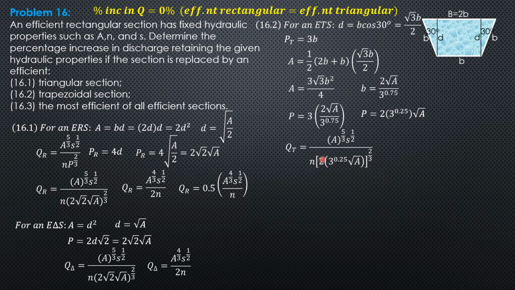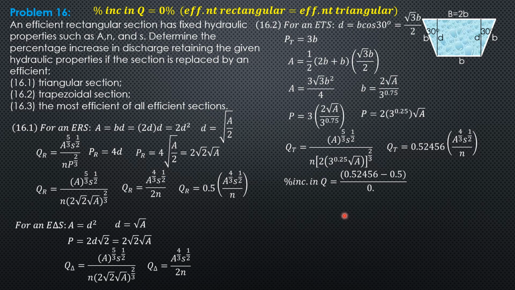So evaluating 1 over quantity 2 times 3 to the 0.25, raised to 2/3 in decimal, Q of an efficient trapezoidal section is 0.52456 of area to the 4/3 S to the 1/2 over N, which is common to these values here. So we will not write that anymore. Anyway, it will be cancelled. So percentage increase is 0.52456 minus 0.5 divided by 0.5 times 100%.